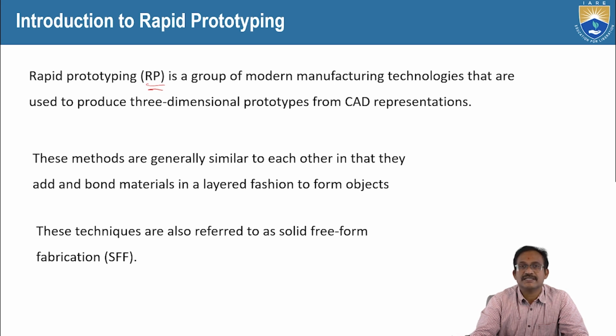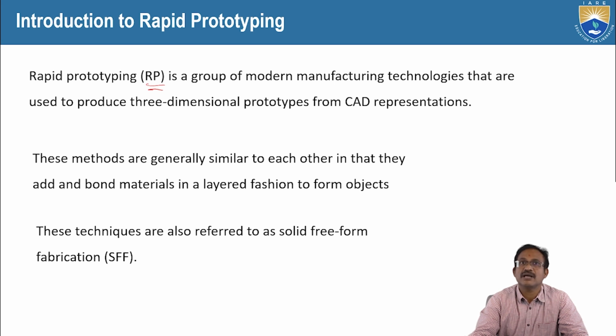Already we have discussed traditional manufacturing methods and unconventional manufacturing methods. In traditional manufacturing methods, we are subtracting the material from the workpiece. Even with unconventional machining, we are subtracting, but with sophisticated technologies to get high precision and to work on very hard and brittle materials, even to get intricate shapes.